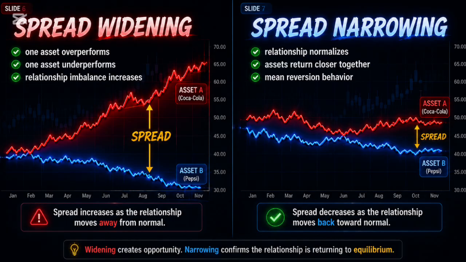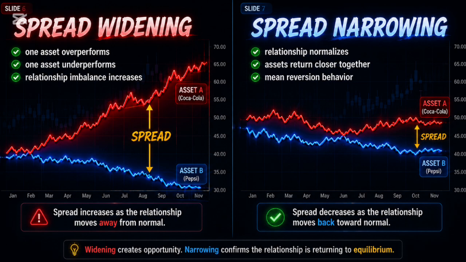So, spread narrowing. Now let's look at this carefully. After widening, the spread may eventually start narrowing again. Remember, I said the rubber band doesn't stay stretched. If you are trading the proper pair, it doesn't stay stretched.